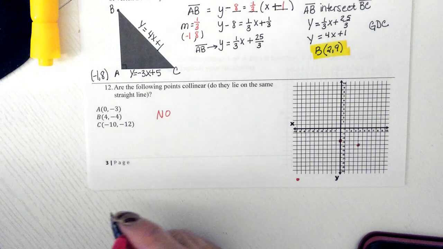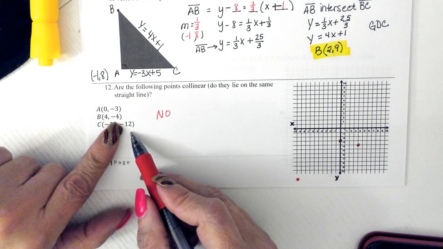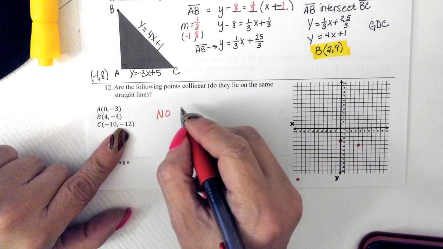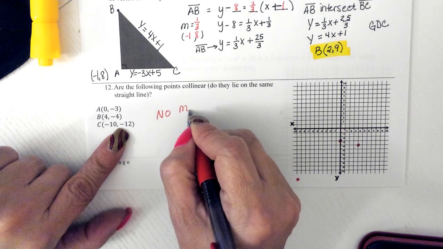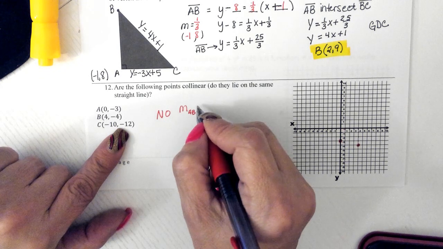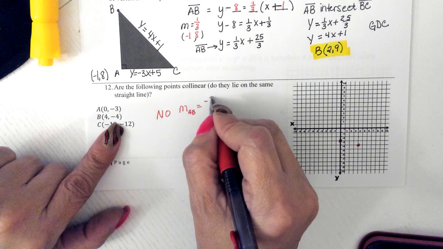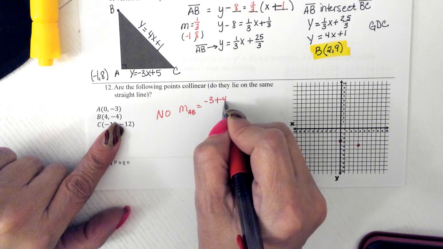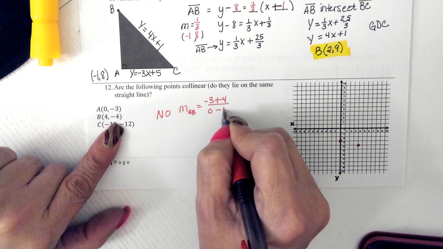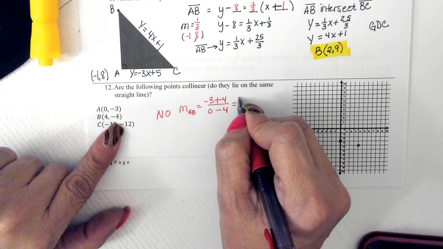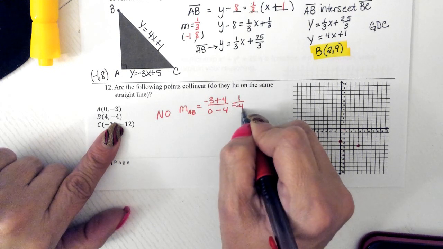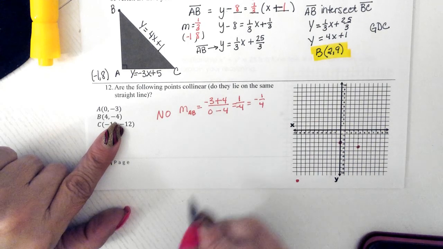If I wanted to do this by hand, I would compare the slopes. The slopes would have to be the same. So the slope of AB would be -3 minus -4 over 0 minus 4, which is 1 over -4, or -1/4.